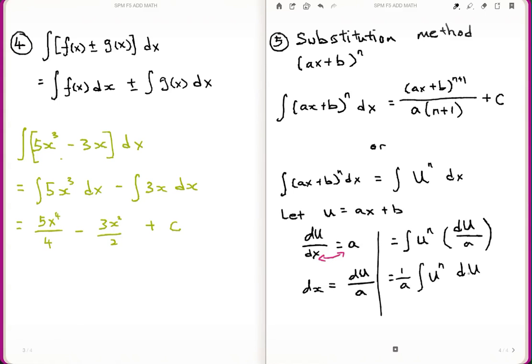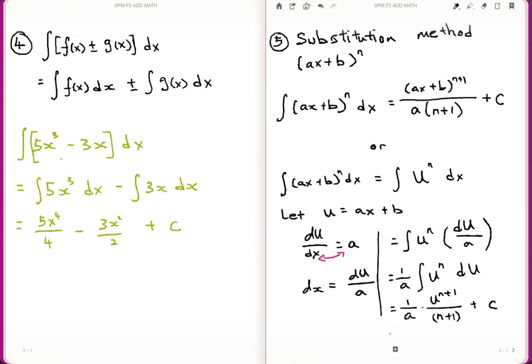This is a normal integration now, u^n du. So you add 1 to the power of u in this equation. Therefore, that would be 1 over a times u^(n+1) over n plus 1, plus c. You substitute what is u to here, you get the original.